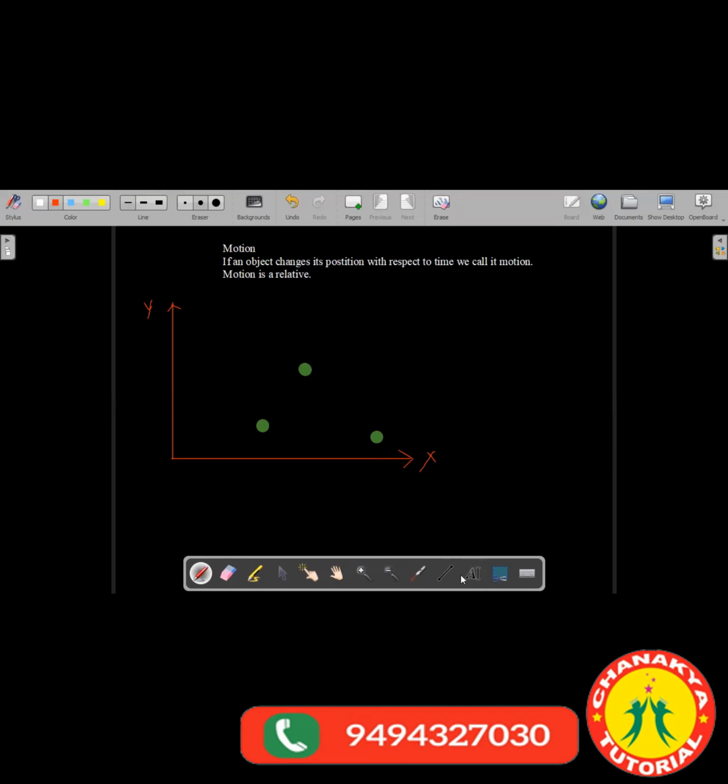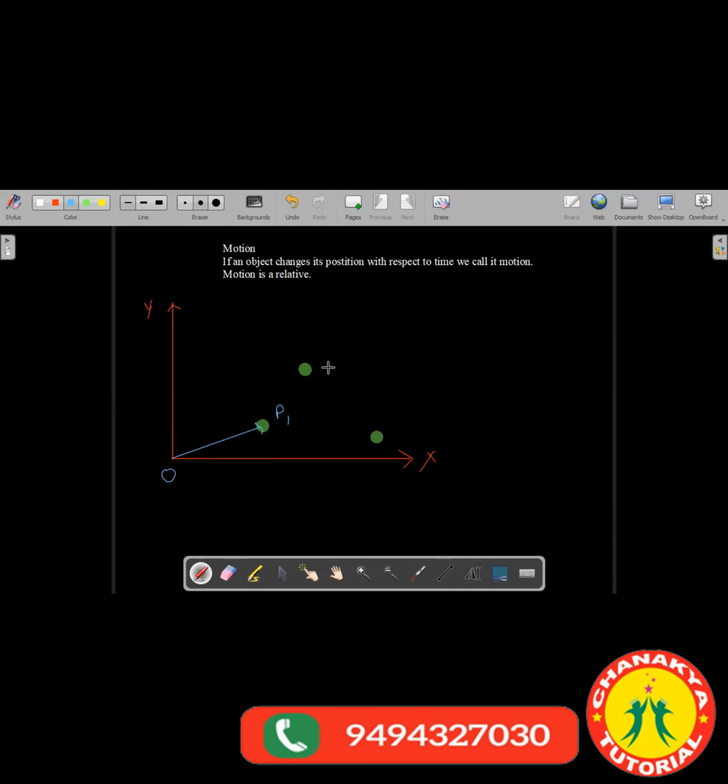The position vector of the object can be represented as a vector starting from the origin and pointing to the object. Suppose this is the first position, P1. I will call the vector OP1 the first position vector.